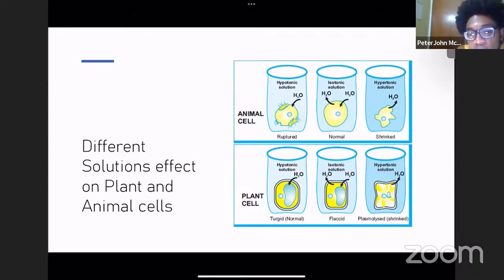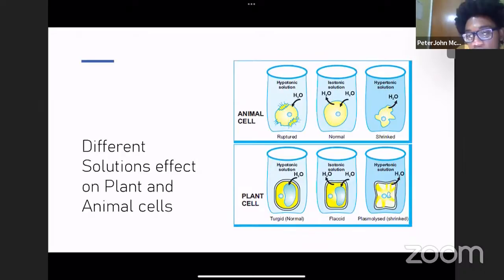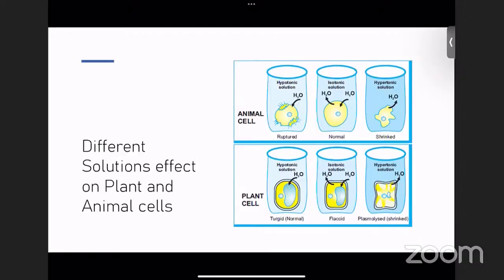Can you describe to me what happens for the plant cell with a hypotonic solution? The solution is less concentrated than what the cell is. So this outside solution has more water molecules.